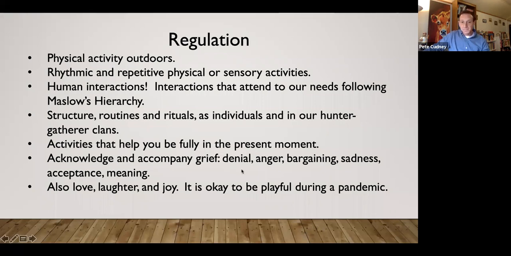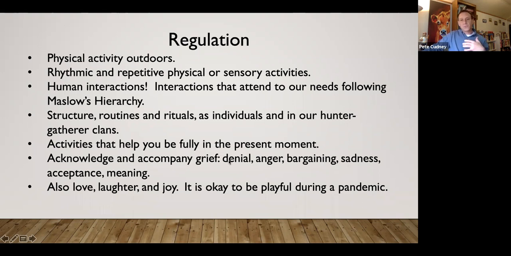This isn't happening. Anger. I can't believe this is so unfair. Bargaining. Well, maybe if we all just socially isolate for a while, then by Easter, we can be in church again together. That's bargaining, right? Sadness, eventually acceptance, and even meaning making out of this experience.